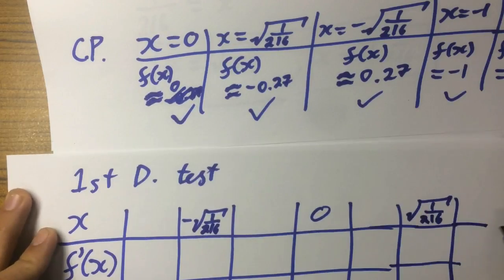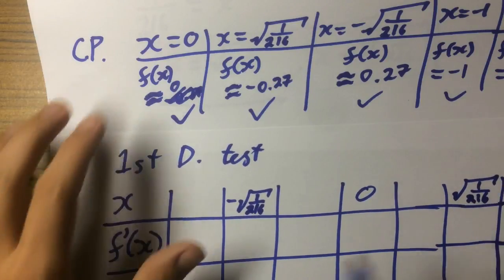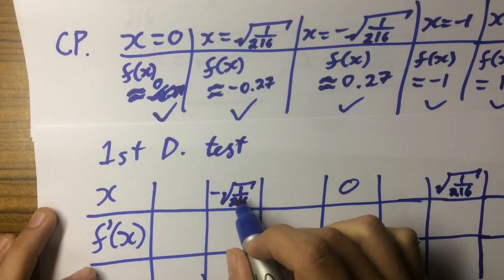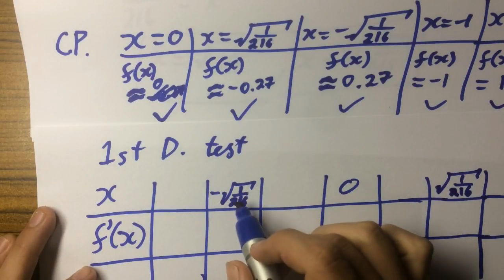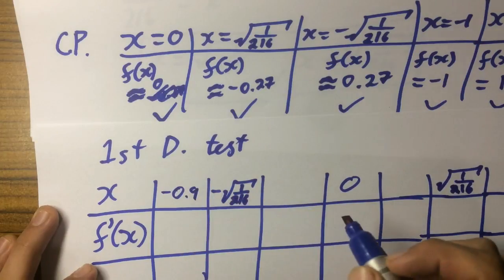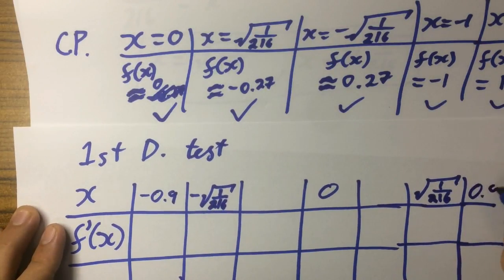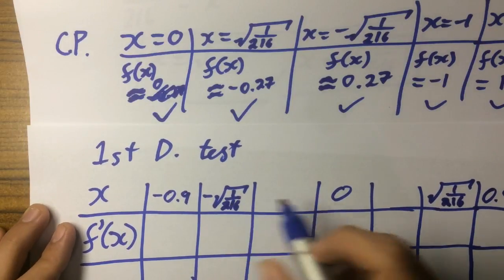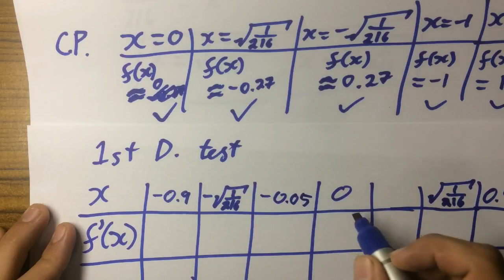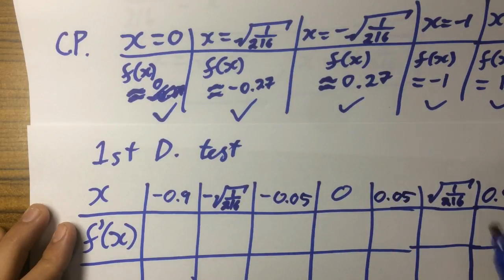And then we have a little bit on the end, so we have a gap in between and on either side of our critical points. So let's pick a number between this and negative 1. I'm just going to pick negative 0.9. And over this side, I'm going to pick positive 0.9. Between this number and 0, I'm going to pick negative 0.05. And on this side, I'm going to pick positive 0.05.